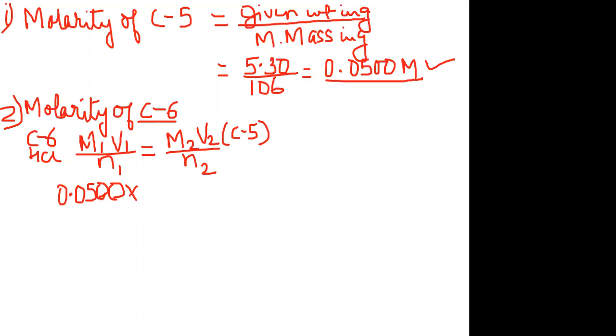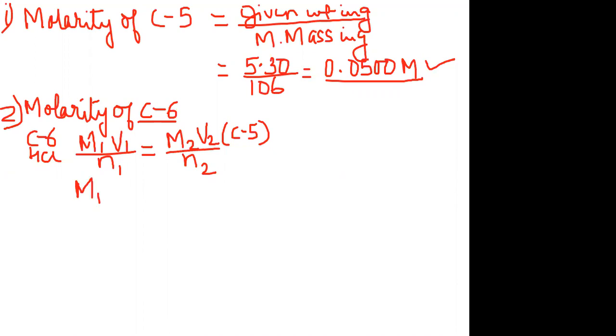I'm sorry, I think I made a mistake. We'll have to go back again, because C6 is for the HCl, and for that we don't know the molarity. So we will keep it as M1. I'm sorry for that. So this one will remain as M1.